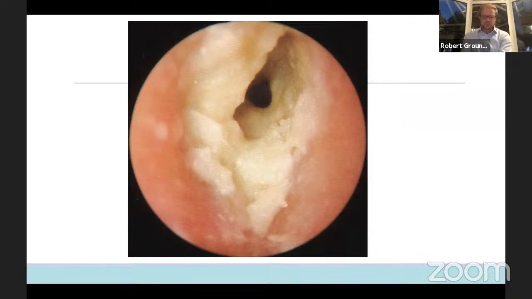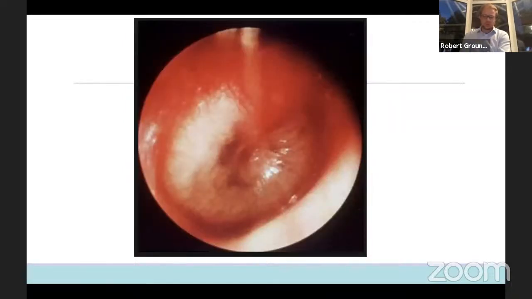And last but not least, I'm sure I'm not going to patronize you guys anymore, but here, this is a classic for acute otitis media. One of the things that took me a little while to get is that yes, it's red, and people always comment on the redness. Actually, the single most predictive factor in acute otitis media is this bulging.